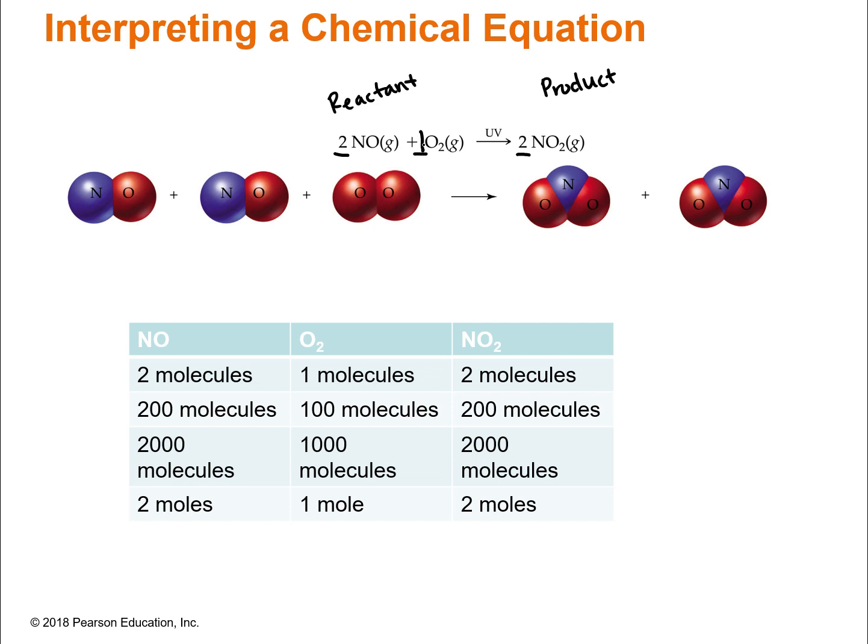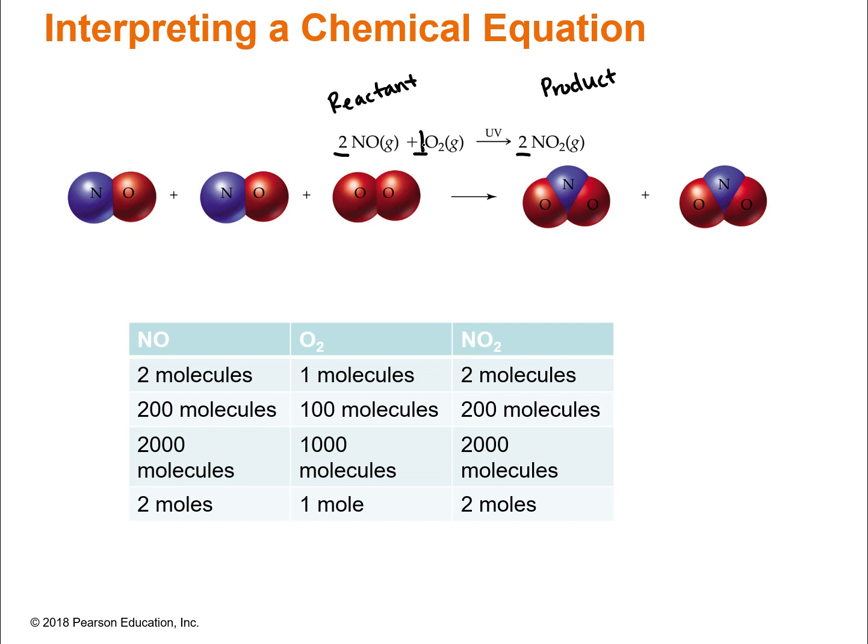So I can read this equation as 2 molecules of nitrogen monoxide to combine with 1 molecule of oxygen gas to produce 2 molecules of nitrogen dioxide. I could also say 200 molecules of nitrogen monoxide, 100 molecules of oxygen gas, 200 molecules of nitrogen dioxide.